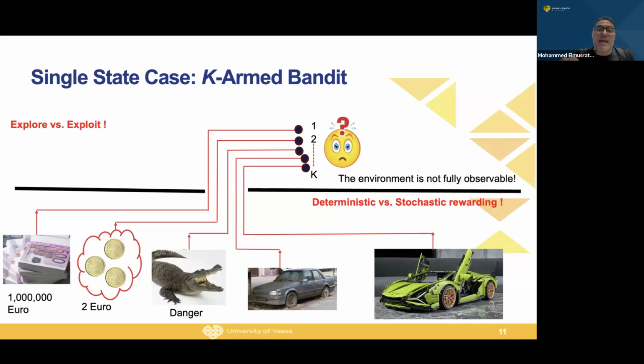You take them. This is exploitation, because the game is static. A static game means that it will not change this feedback. It is not time varying. So if you are satisfied with 2 euro, of course you can continue forever with 2 euro.